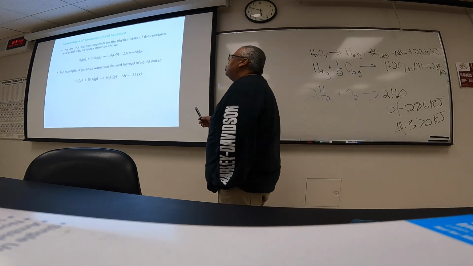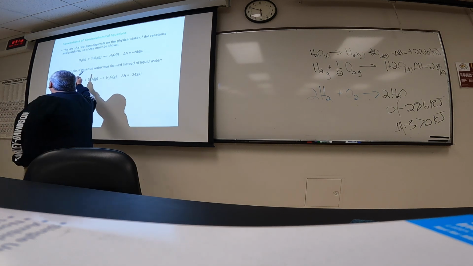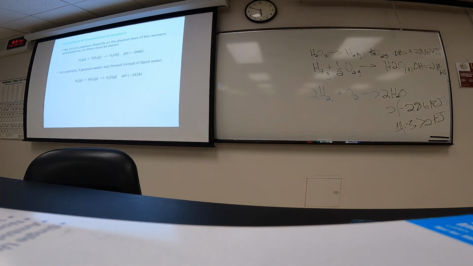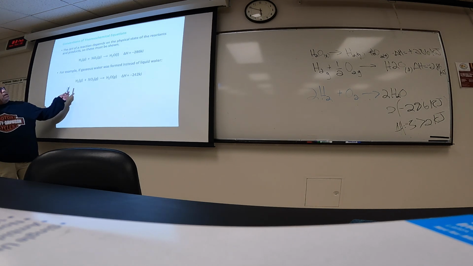And then the last thing to notice here is that we're going from the gas phase to the liquid phase, and we know that that is negative 286 kilojoules. But it also is possible to make a gas form of water, that we have some water vapor.